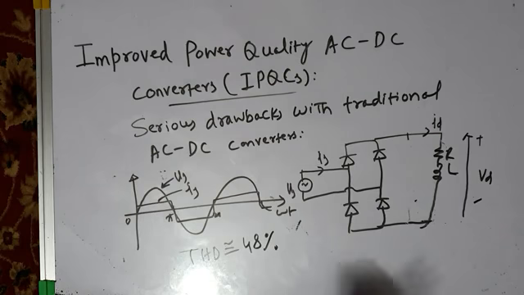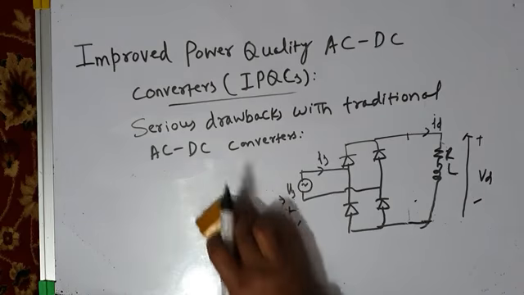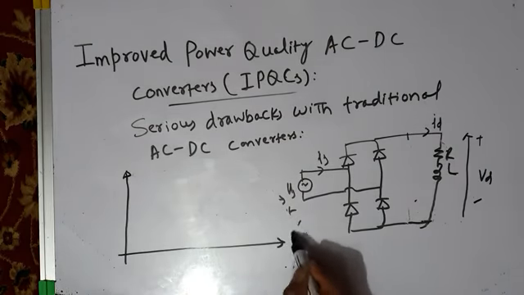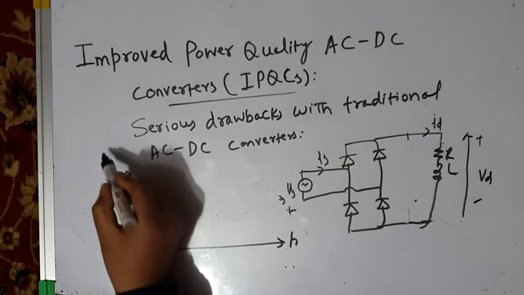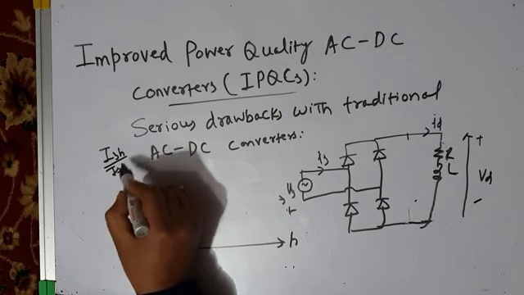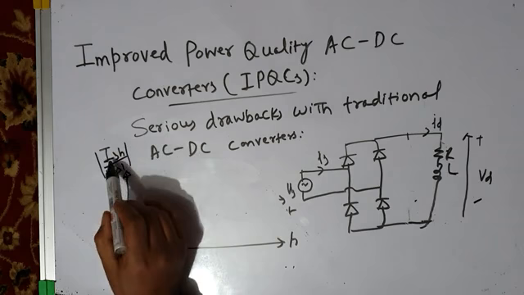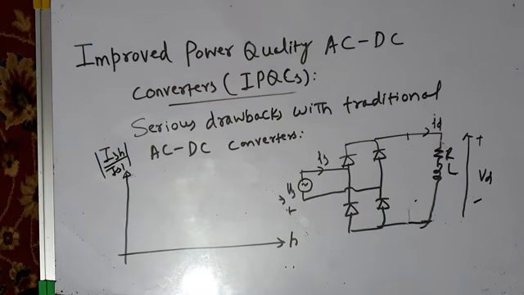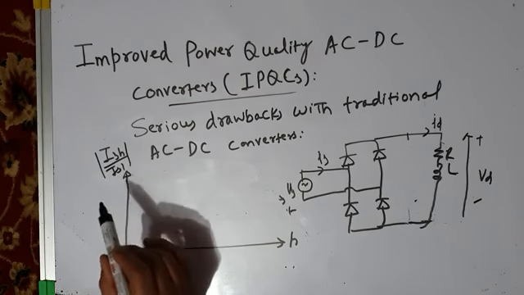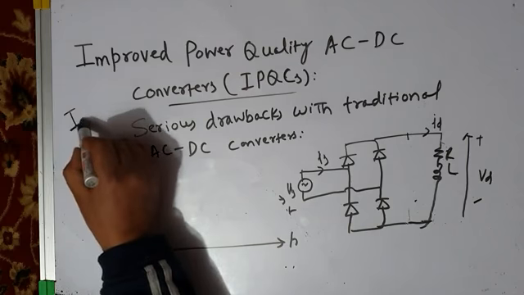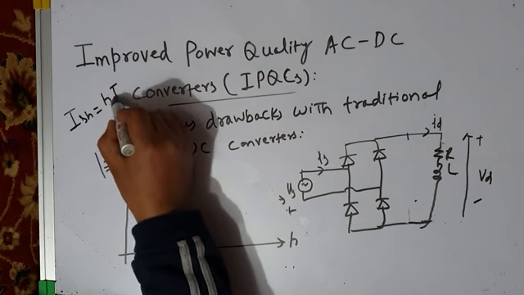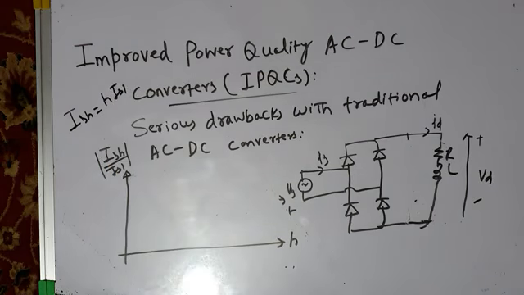And through the FFT analysis, when you have drawn the harmonic spectrum of the current, this is the harmonic order, and this is harmonic current as a ratio of harmonic component of source current divided by fundamental component of source current.